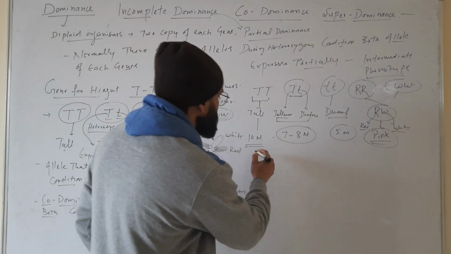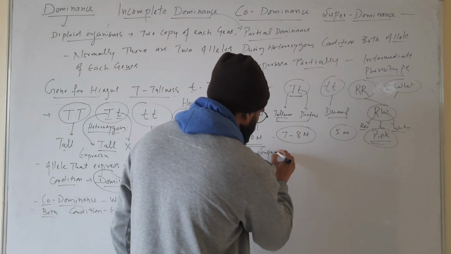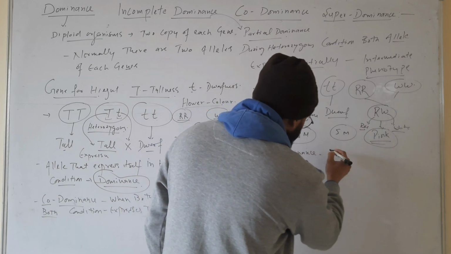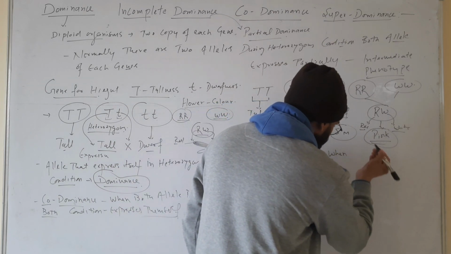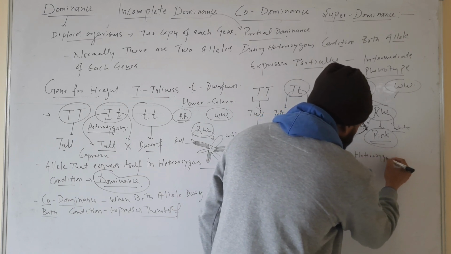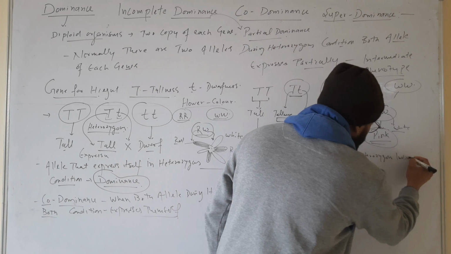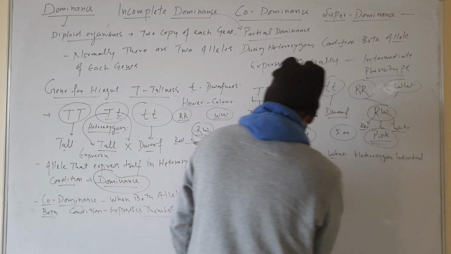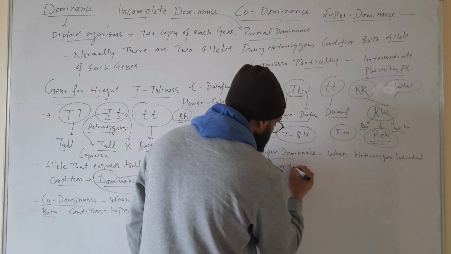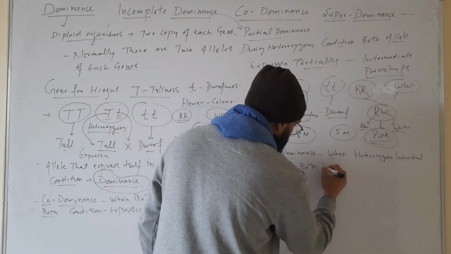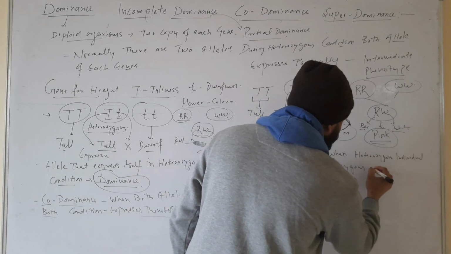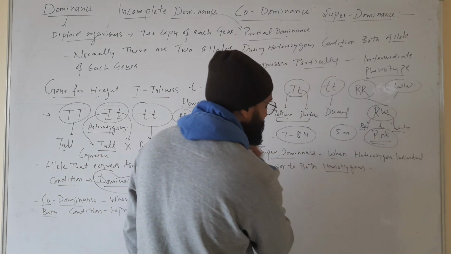Now coming to superdominance. When a heterozygous individual is superior to both homozygous, then this condition is called superdominance.